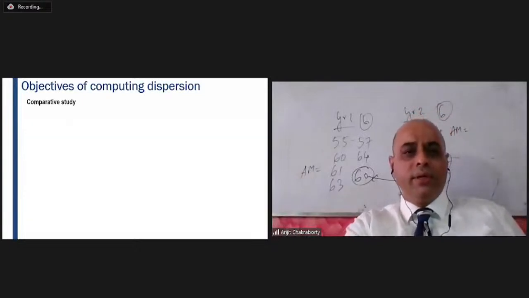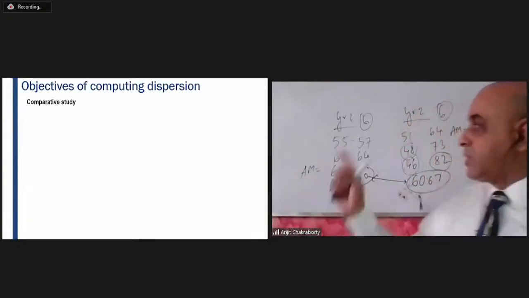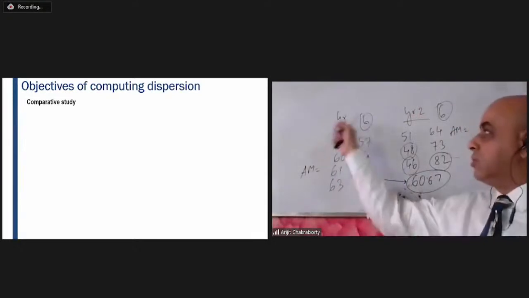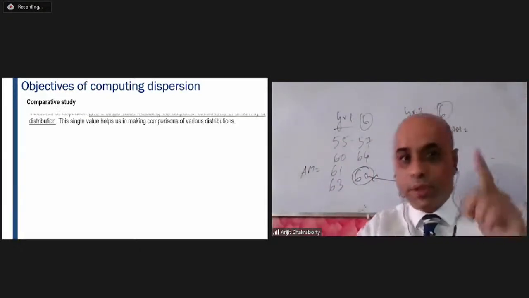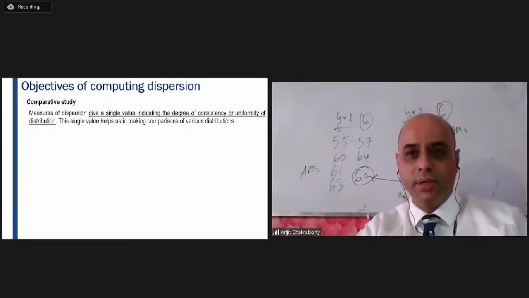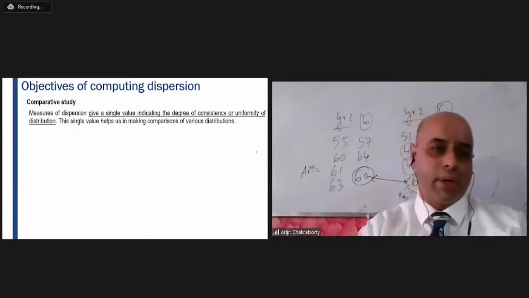Now, why do we compute dispersion? I hope from this example, it is clear that group 1 is better on an overall basis. It helps in comparison. You can see in the slide, in the study material also, it is given that it helps in comparison.